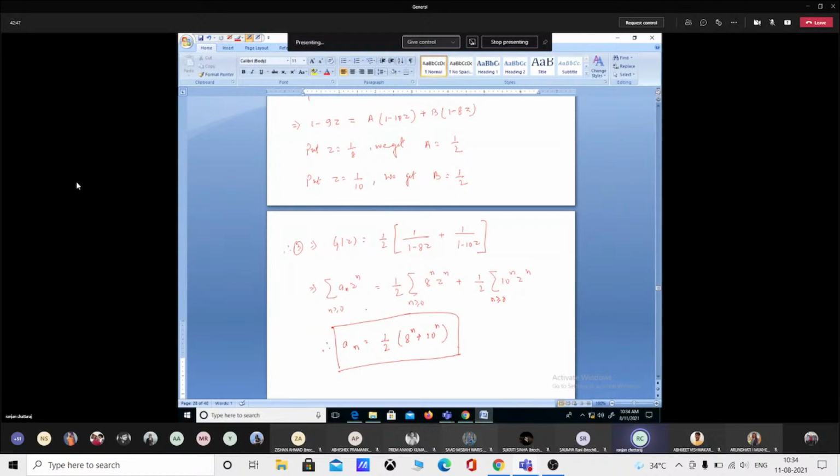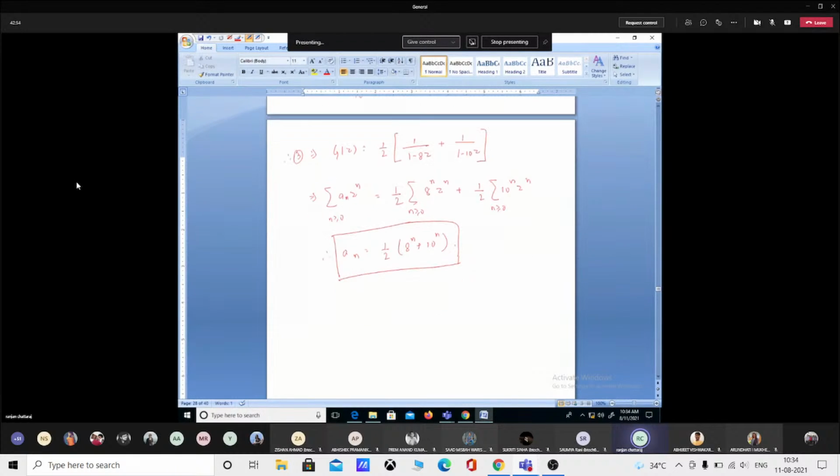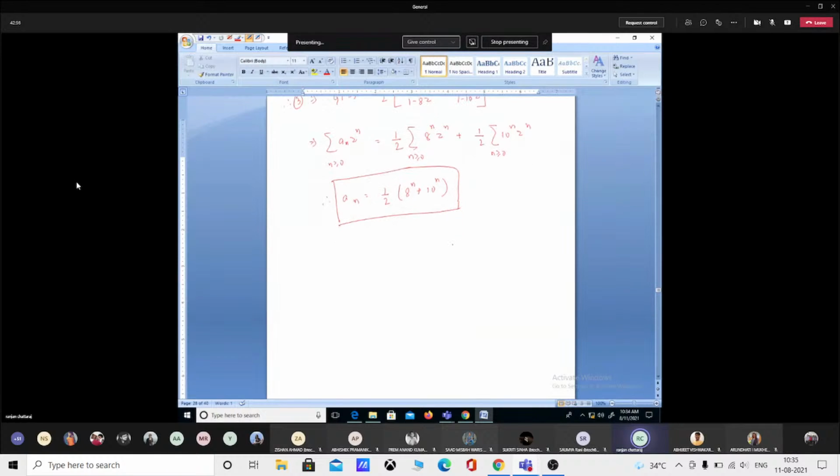Now we are going to solve another problem. First try this one. The question is: solve using generating function.